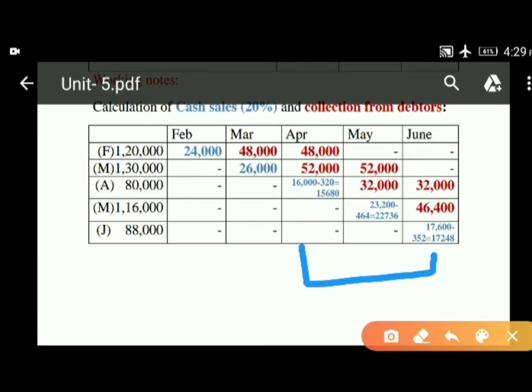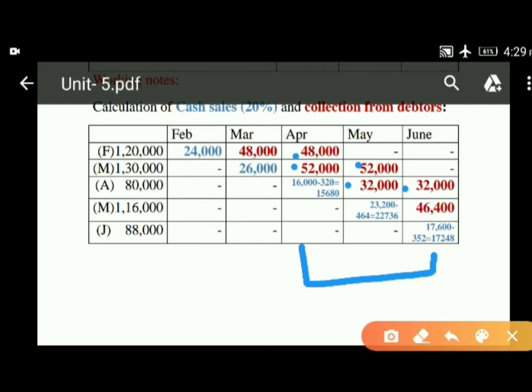For April, 48,000 and 52,000 together make 1 lakh. Next, May: 52,000 plus 32,000 together 84,000, and June: 32,000 plus 46,400 equals 78,400.